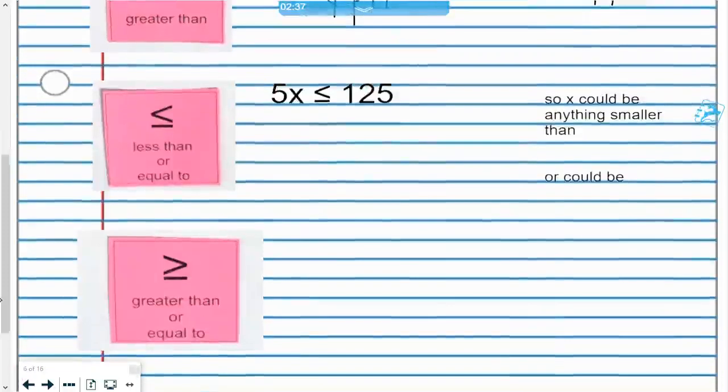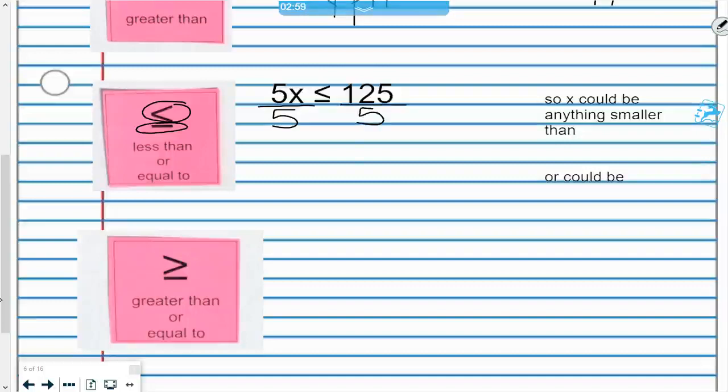So now we have what's called less than or equal to. If you look over here, we have our less than sign, but we also have half an equal sign. So what this means is our number could be the same as the number because it's going to be equal to or less than. So we're going to do the opposite of 5 times x, which is to divide by 5.